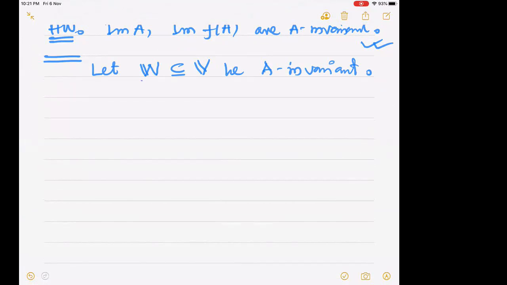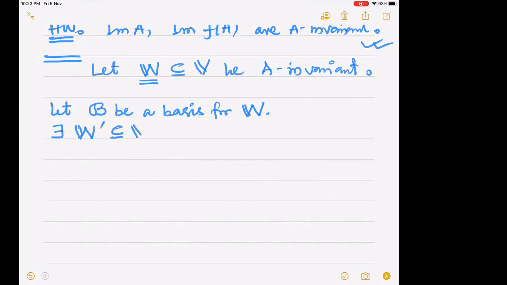Because it's a subspace, we can have a basis for W. So let B be a basis for W. Now I can extend this basis by adding vectors, again and again, as we have seen in the extension. That essentially means that there exists a subspace W prime such that V is equal to W direct sum W prime.